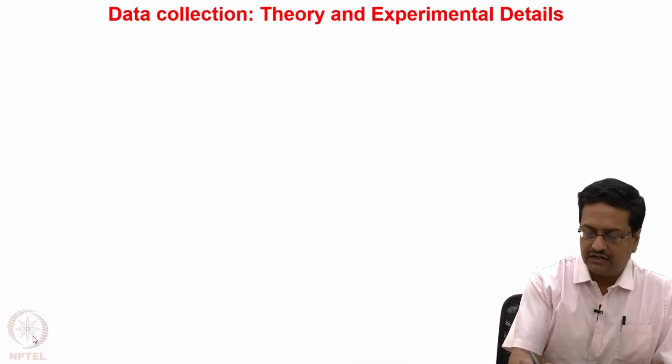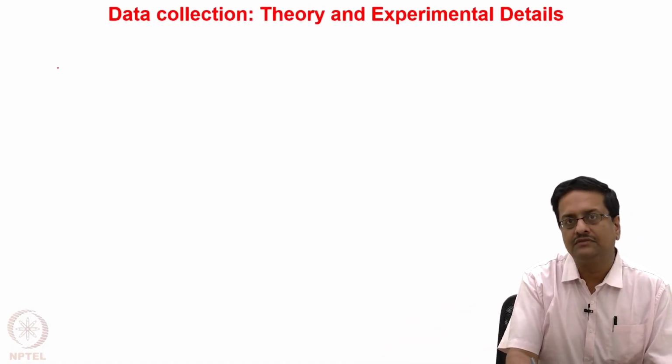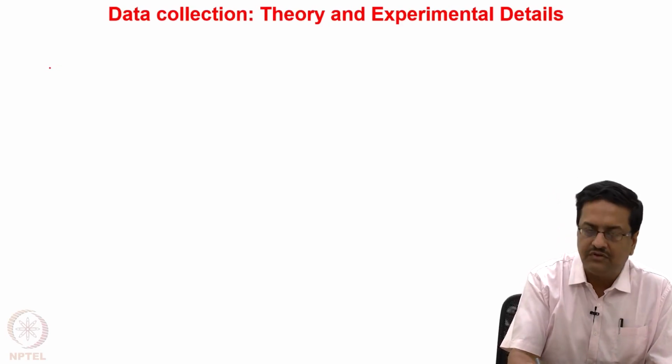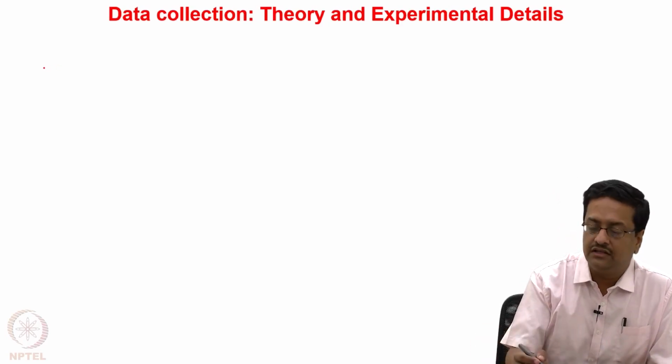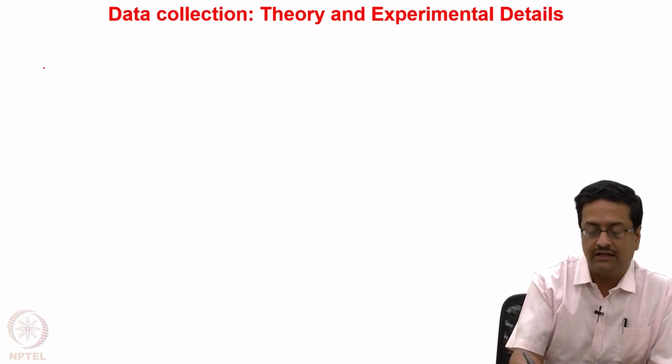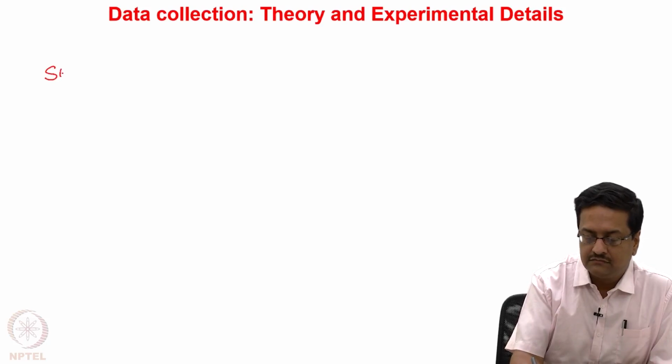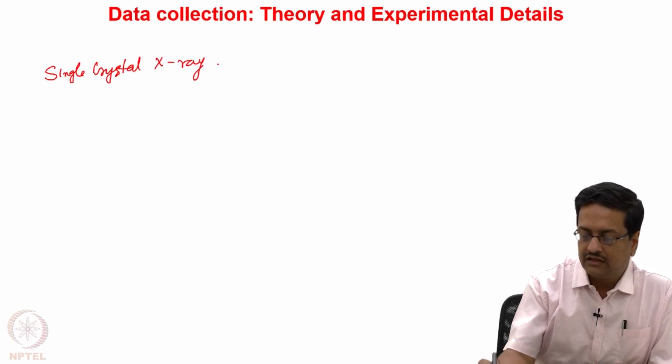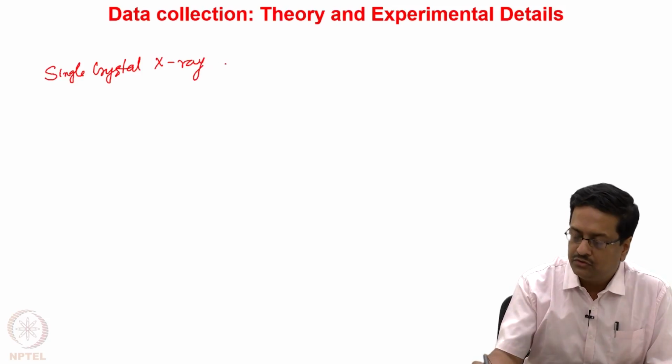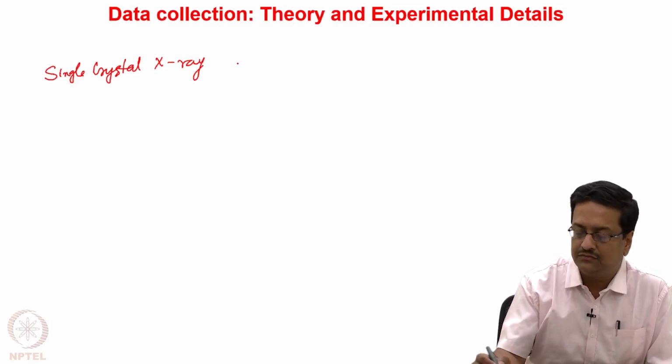These single crystal diffractometers are categorized using the number of circles about which the crystal can be rotated, or the number of circles about which the data can be collected. So the single crystal X-ray diffractometers can be divided into 2 circle, 3 circle and 4 circle.